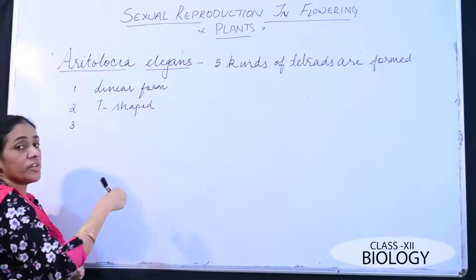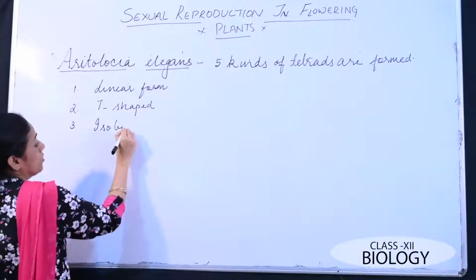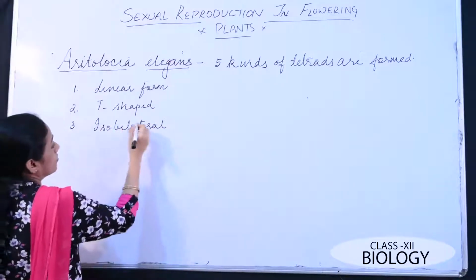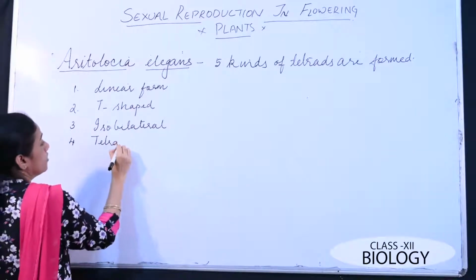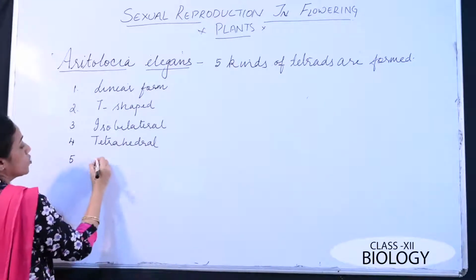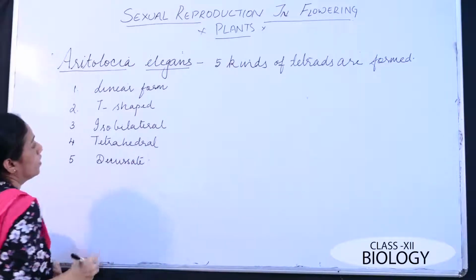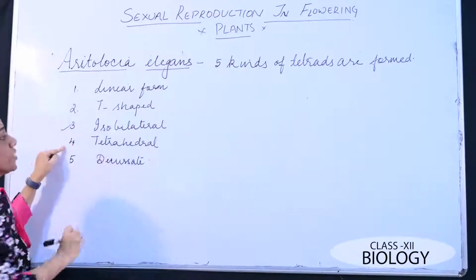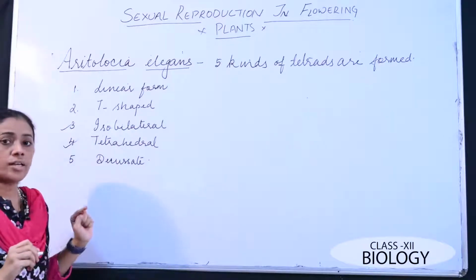Third one, already we had discussed in the case of the monocots, that was an isobilateral. Fourth one, the tetrahedral. And the last one is the decussate type. These two you have already learned. Isobilateral in the case of the monocots and tetrahedral in the case of the dicots.